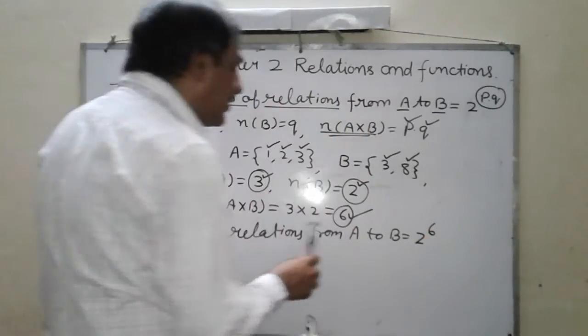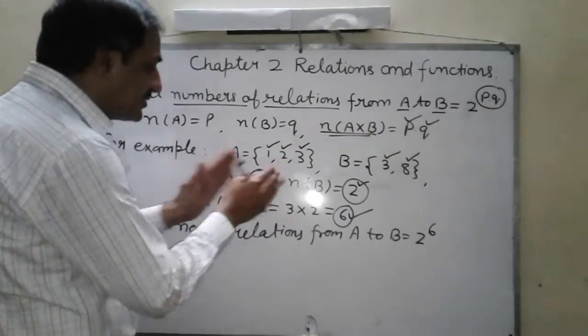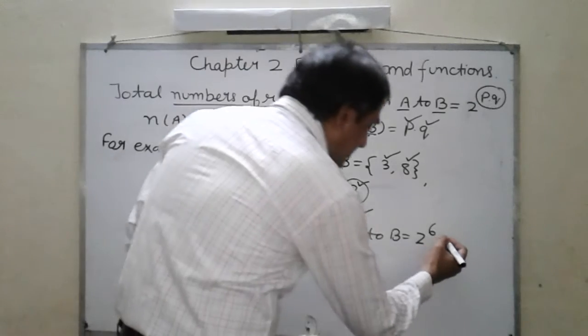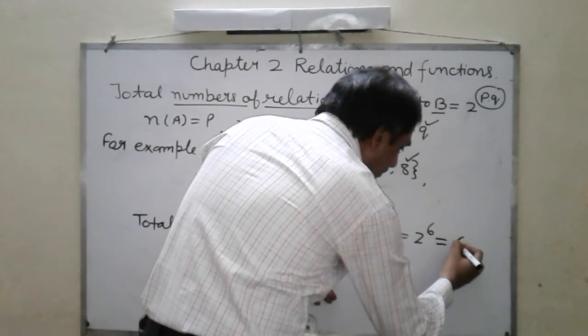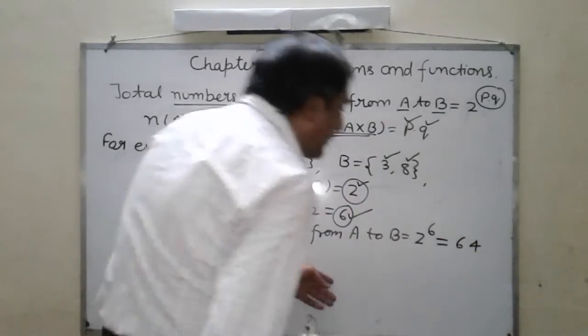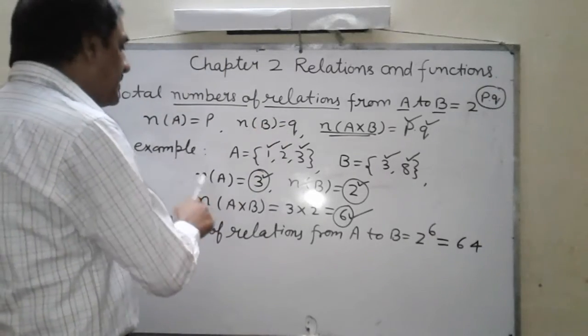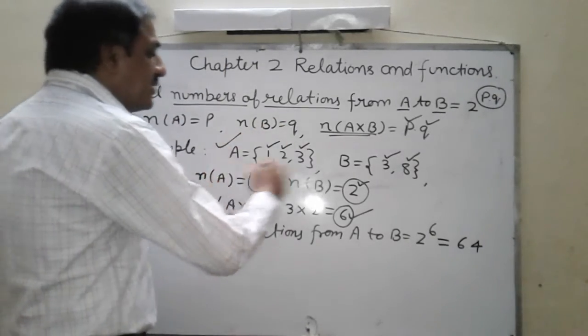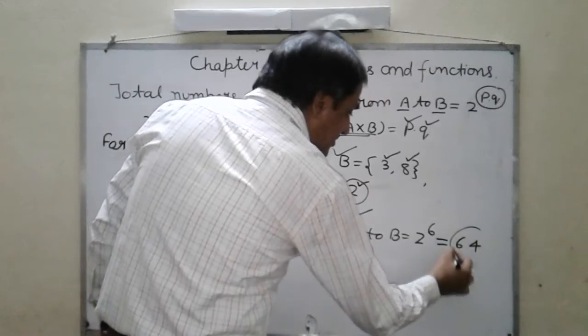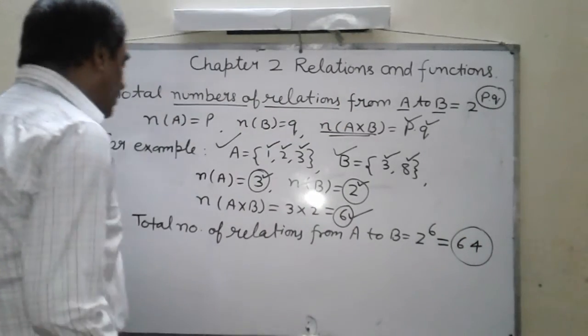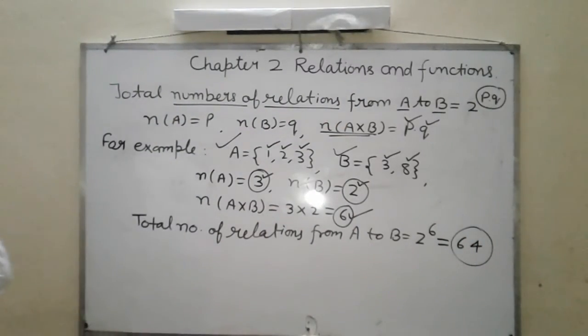The number of relations from set A to set B is equal to 2 power 6, which is equal to 64. So the total number of relations from set A to set B is equal to 64.